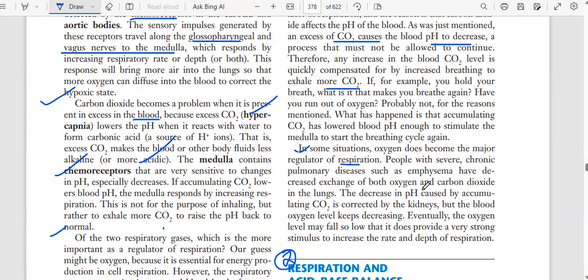So basically, we have the baroreceptors on the aortic bodies and carotid bodies, which help maintain the hypoxic condition, and we have chemoreceptors in the medulla, which detect the pH level. So pH level is very, very important.